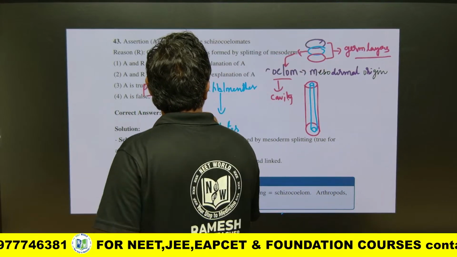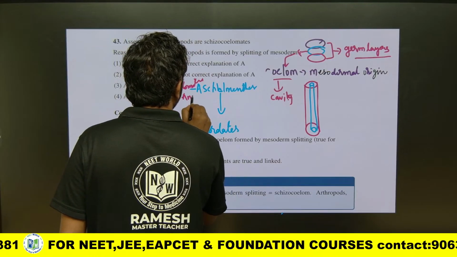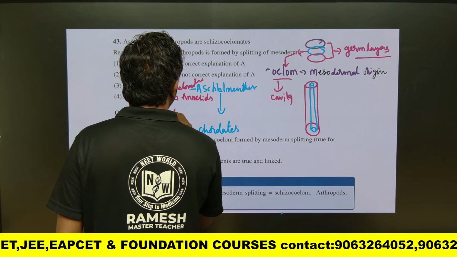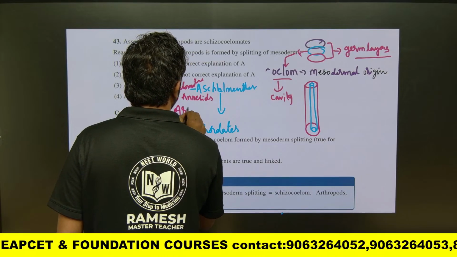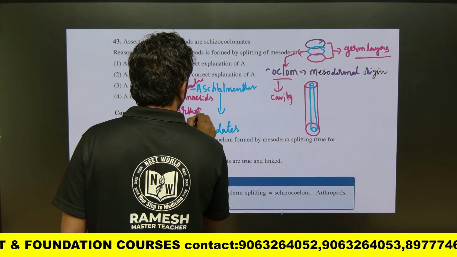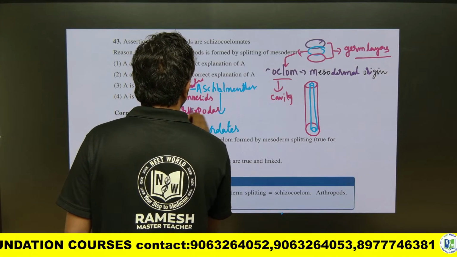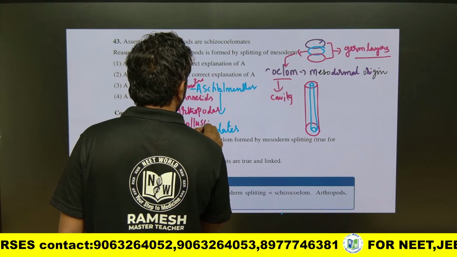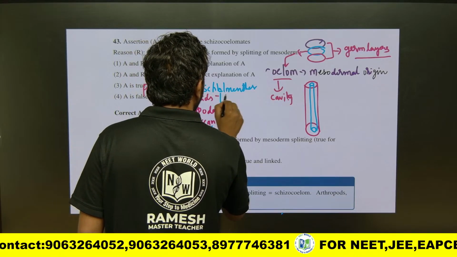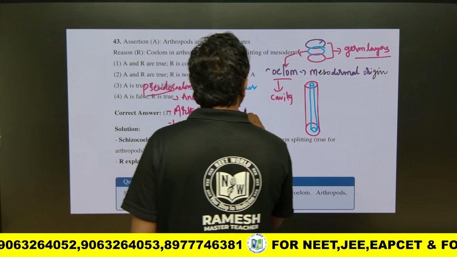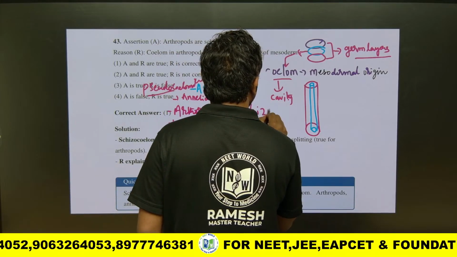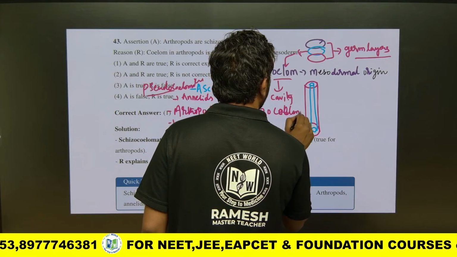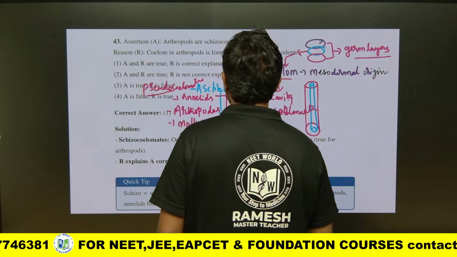After that, annelids, arthropods, and molluscans are cytocoelomates.